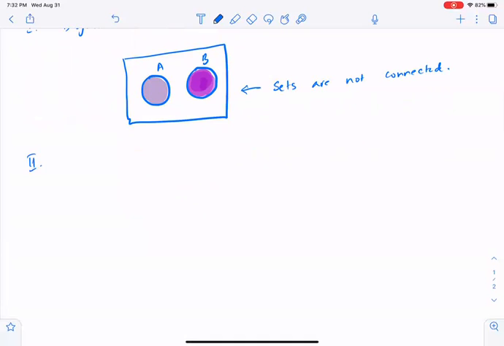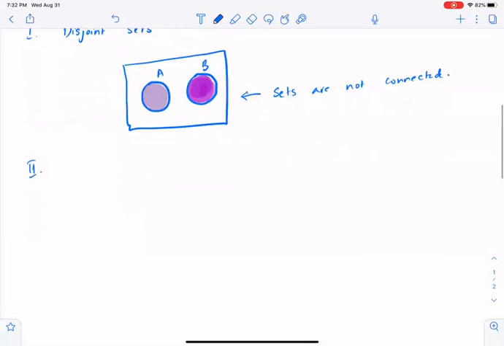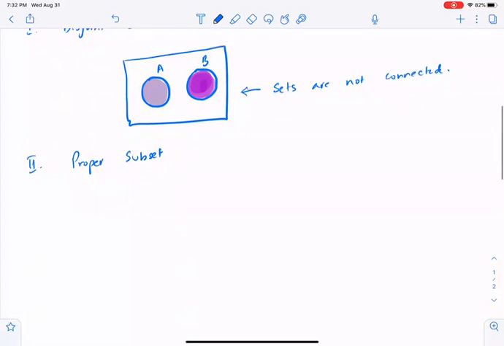The next case is a proper subset. Keep in mind, a proper subset is one where a set is certainly a part of another set, but it cannot be equal to that other set.